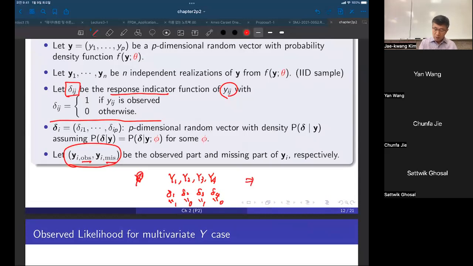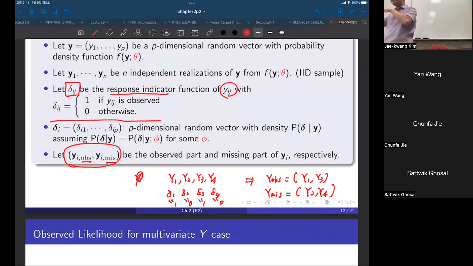Then y_obs will be y1, y3, and y_mis will be y2 and y4, right? So that's for one single realization, and for different units we may have a different pattern.